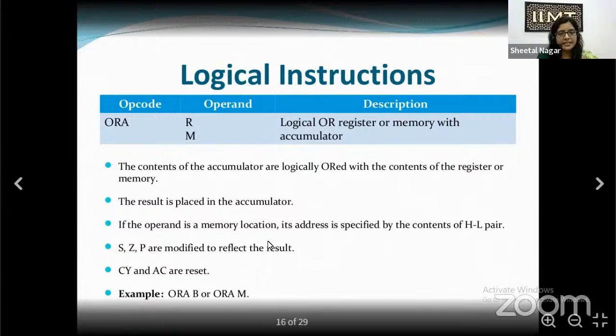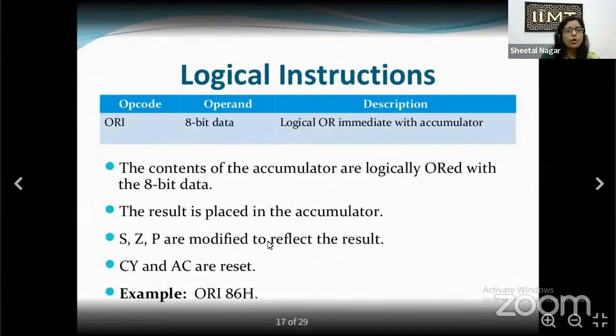Carry and auxiliary carry flag will be reset. Now, ORI, or immediate, means with the help of this instruction, we will perform a logical OR operation immediately on 8-bit data with the contents of the accumulator, and the result will be stored in the accumulator only.